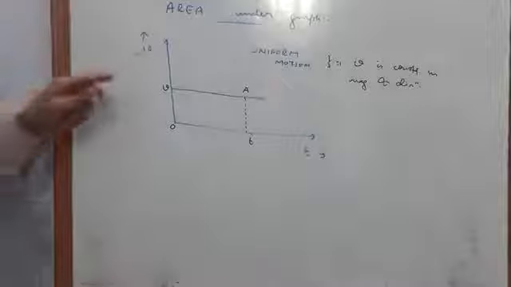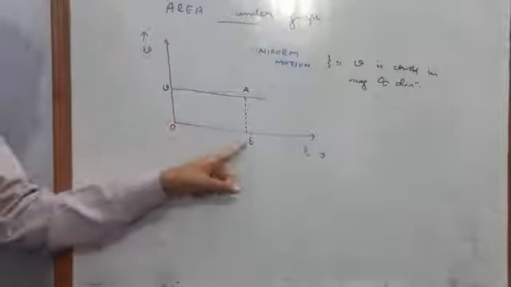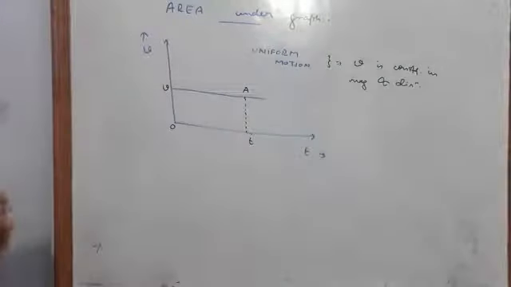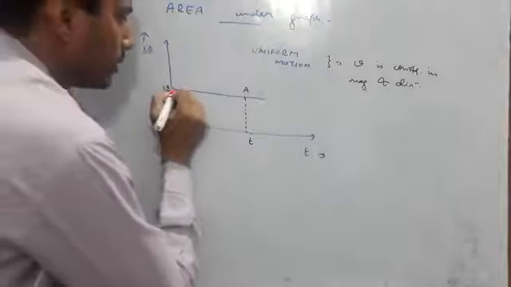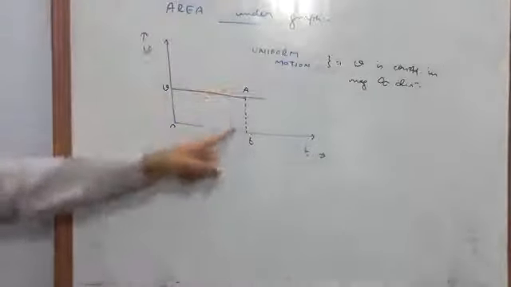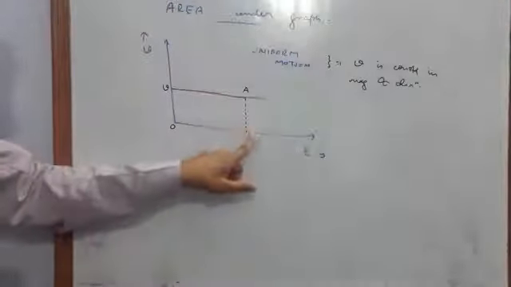Area under the graph means from time 0 to t. First see where the graph is. From 0 to t, this is the graph. You don't have to consider the portion of the graph beyond t.